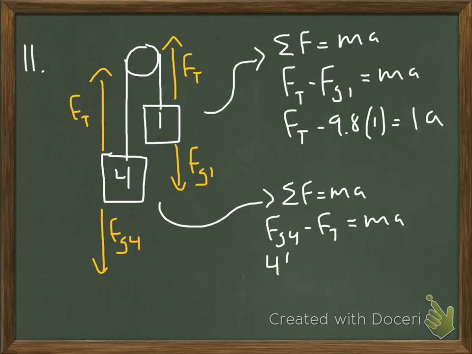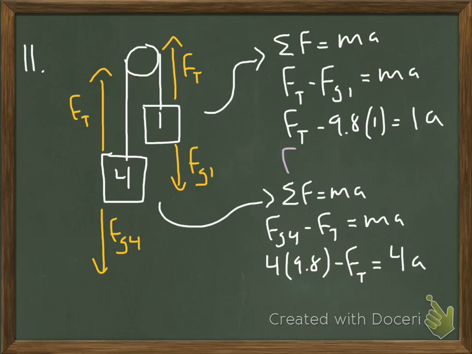So let me plug in my numbers here. I have the force of gravity. The force of tension is unknown. My mass here is 4 times acceleration. Notice that in each of these cases, I set the sum of the forces equal to mass times acceleration, but I have a different mass in each one because I'm just talking about the individual components.